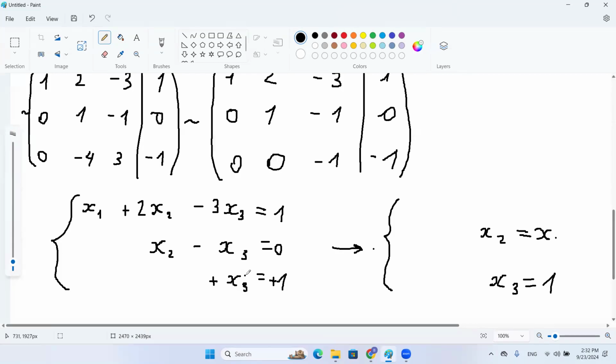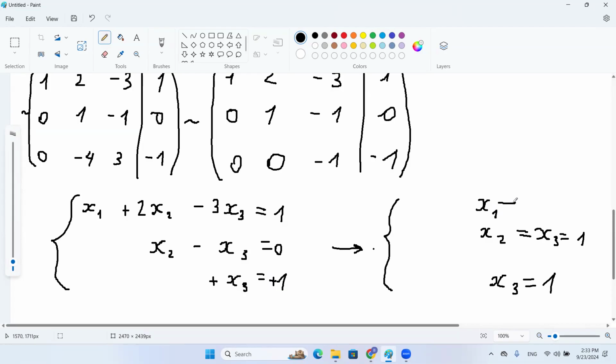So we know already x3, and we need to find x2 using this variable. x3, it equals to x3. Yeah, it equals to x3, and it equals 1. And then how to find x1?